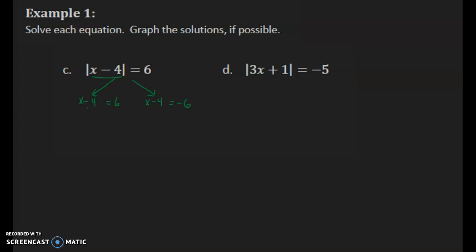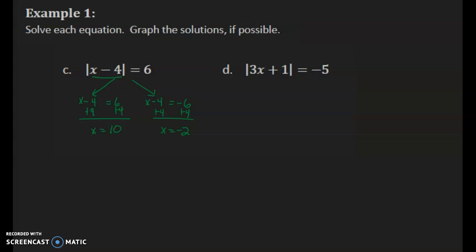Now I'm ready to solve as if it was just a regular equation. I add the 4 and I get x equals 10, and I add the 4 and I get x equals -2. If I wanted to graph the solutions on a number line, I would just put a dot at 10 and at -2.